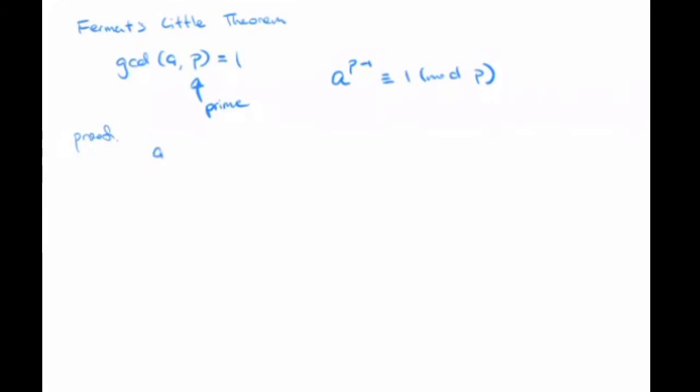We consider numbers A, 2A, 3A, all the way to P minus 1 times A. Right? We know this is some permutation of 1, 2, 3, up to P minus 1 mod P, right? Because as we showed before, none of these things are equal.